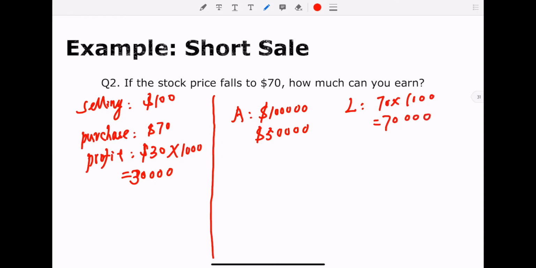Now, what is your equity? Well, your equity is total asset minus your liability, which is 80,000. So how do you calculate your profit? Remember in the beginning?